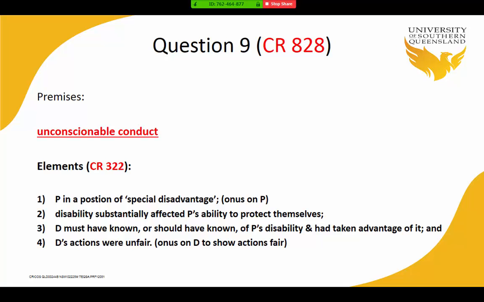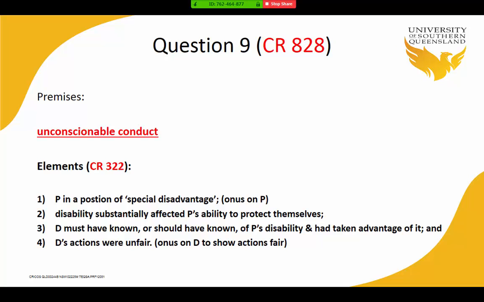They were sold the houses at a higher price than they should have been. The second one: was that disability, financial illiteracy, substantially affecting the congregation's ability to protect themselves? What are you going to use to argue the second element, if it's an issue?